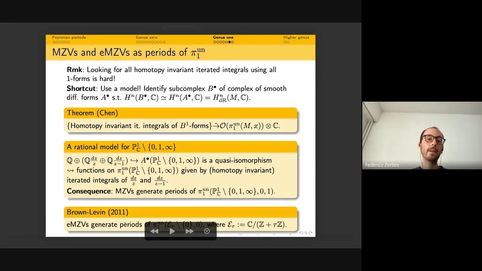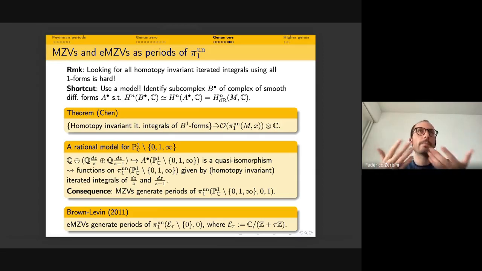And it turns out that all the periods are given by what I've defined as elliptic multiple zeta values. This tells you that elliptic multiple zeta values are indeed the correct generalization of multiple zeta values in genus 1 in this setting. So this is how you associate a genus to all these numbers, and this is also how you think of elliptic multiple zeta values as periods.